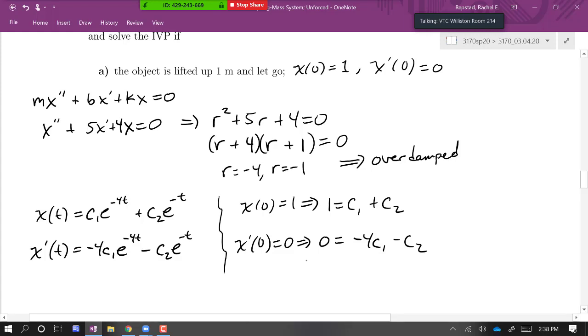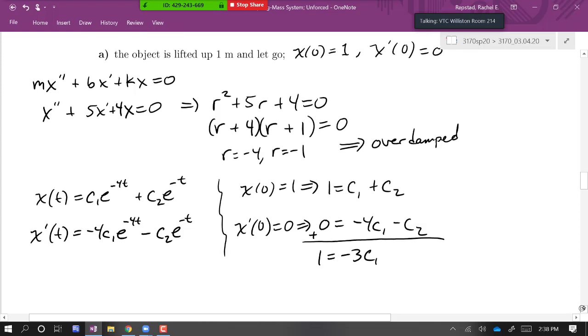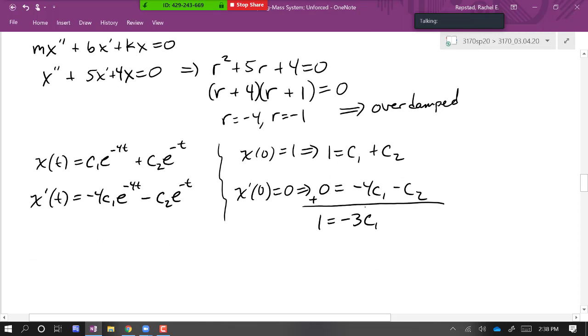I think right off we're ready to just add these equations together, elimination by addition. We get 1 is equal to negative 3 C1, because the C2s will cancel. And then C1 is equal to negative 1/3.